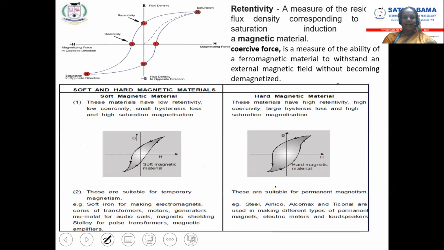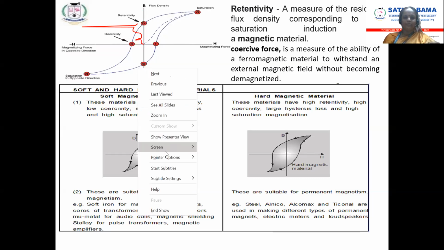I will show you the figure. There you can see the retentivity in the hysteresis curve. Even when the magnetic field strength is zero, there will be some residual magnetism, that is called retentivity. Below, I have put two images for you: soft and hard magnetic material.